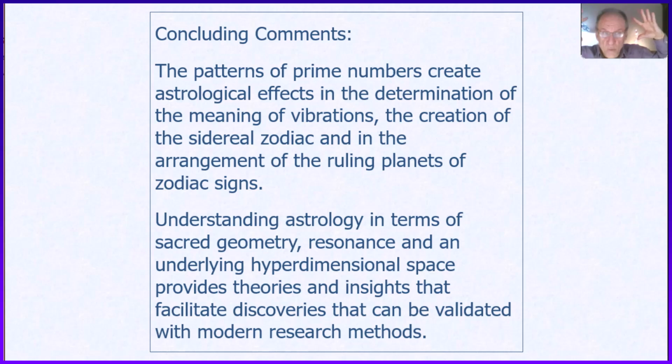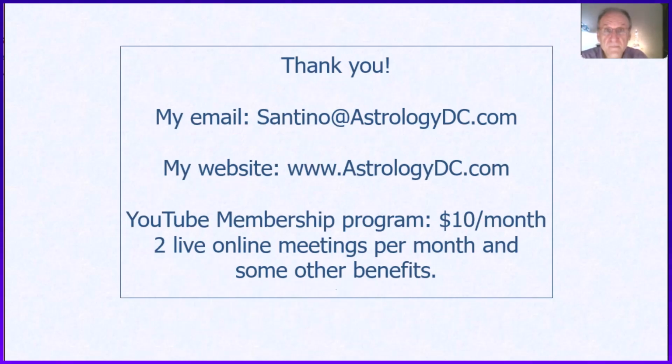So we're moving astrology out of a belief system, out of personal experience, out of traditional ideas into confirmed ideas based on a detailed understanding of how all this actually works in ways that are consistent with ideas in mathematics and physics. That's it, my friends. So that's a two-part series on the symmetry of prime numbers and their relationship to astrology.